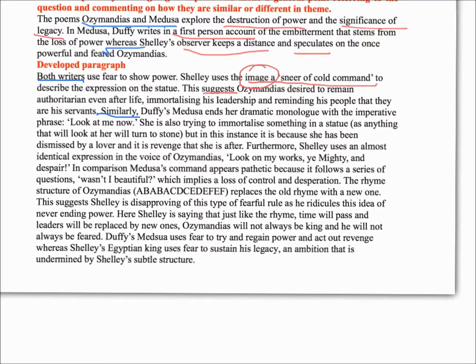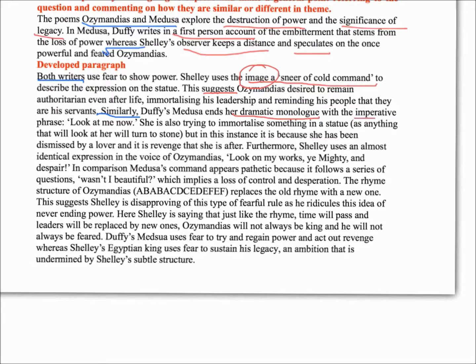So similarly, Duffy's Medusa ends the dramatic monologue with the imperative phrase, "Look at me now." She is also trying to immortalise something in a statue, as anything that will look at her will turn to stone. But in this instance, it is because she has been dismissed by a lover, and it is revenge that she is after. So again, we have mention of form instead of language this time, okay?